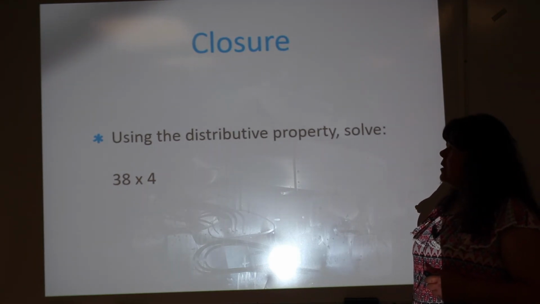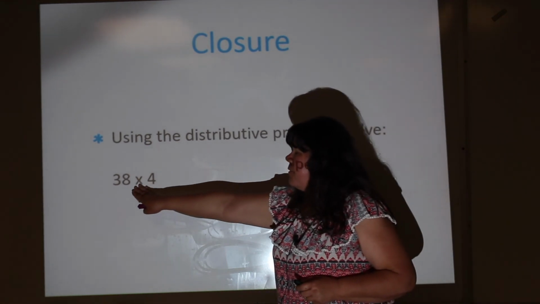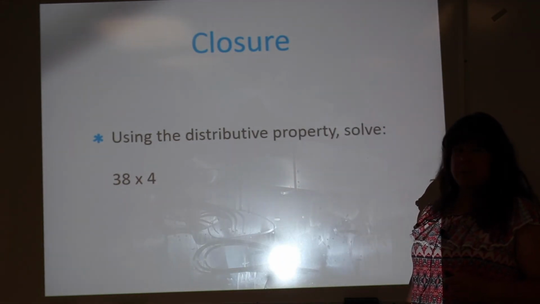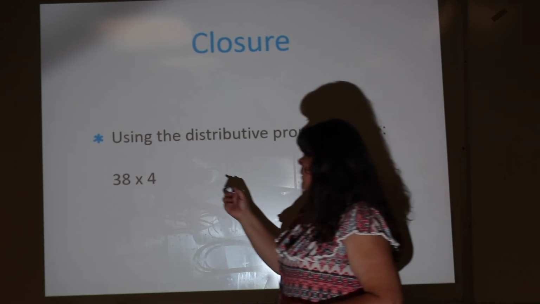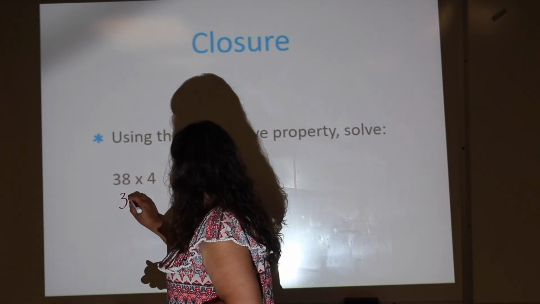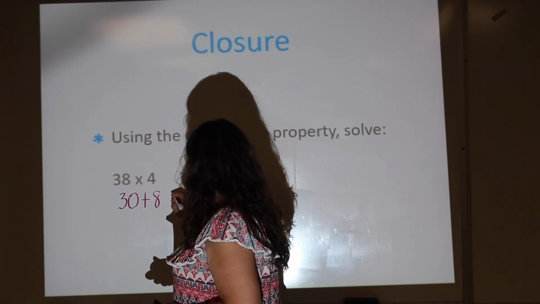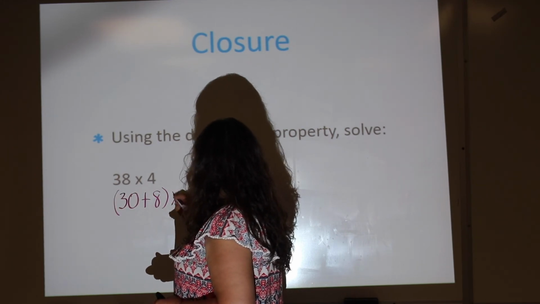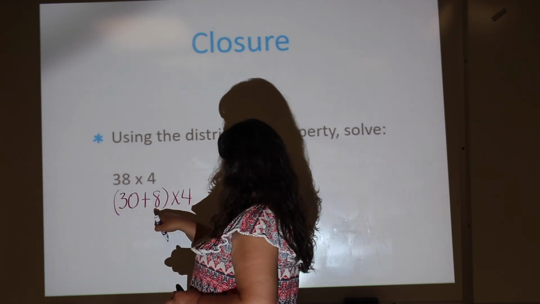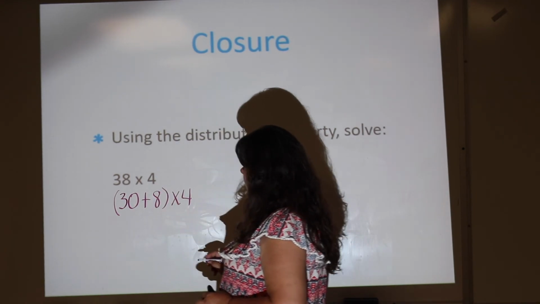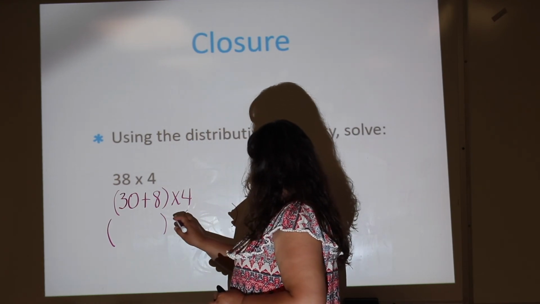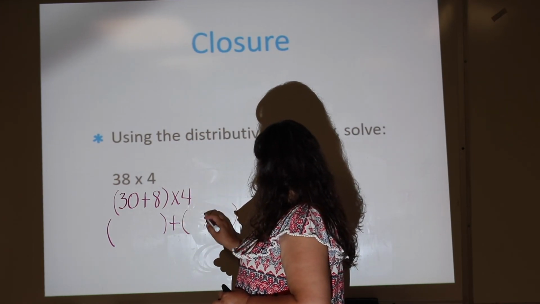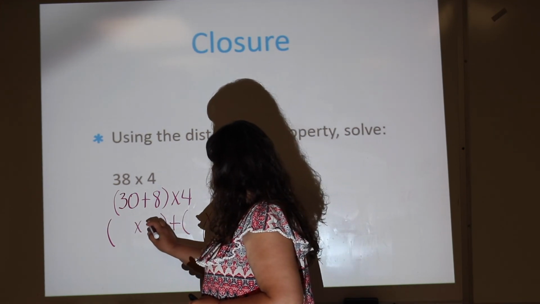So here's our closure. Using the distributive property, solve 38 times 4. Go ahead and pause, and then you can try and solve it, and then we'll see if you get the same answer as I get. Okay, I broke down my 38, made it by place value, and made it 30 plus 8 times 4. 2 sets of parentheses with the plus sign in the middle, times 4, times 4.